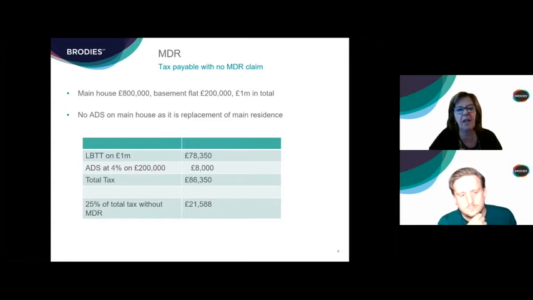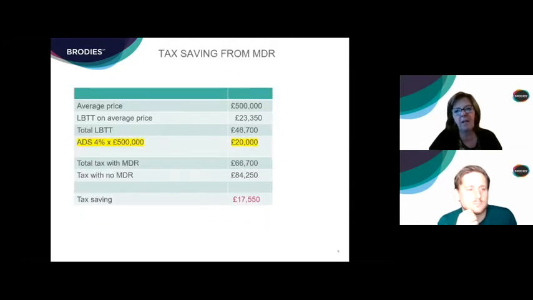So the total tax is 86,350. If we claim MDR, we can't get an answer that's less than 25% of the total tax, which is 21,588. But looking at the example, the average price for the two houses is 500,000. The LBTT on the average price is 23,350, so that gives you 46,700.